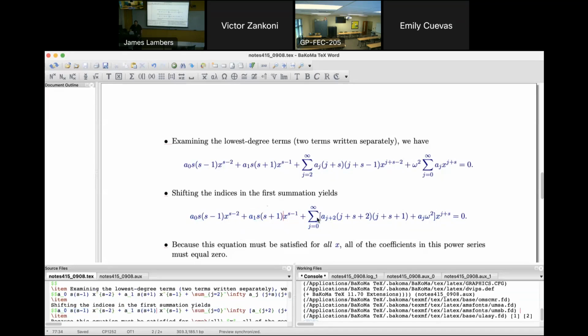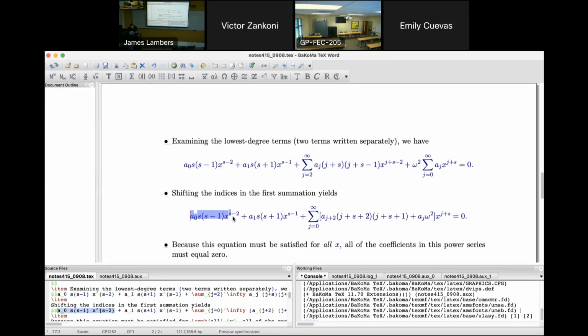Whatever is multiplying the power of x, this whole expression in the square brackets must be 0 for each value of j from 0 on up. So that gives you a system of infinitely many equations to solve, first a0, then a1. And notice here we have a_(j+2) and a_j. We'll see how we can use that in a bit to get all the coefficients.